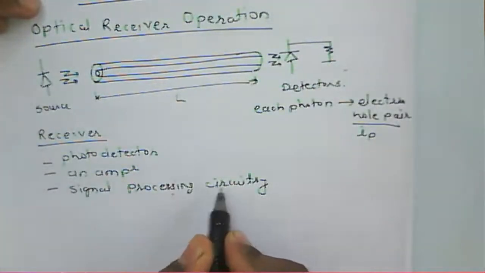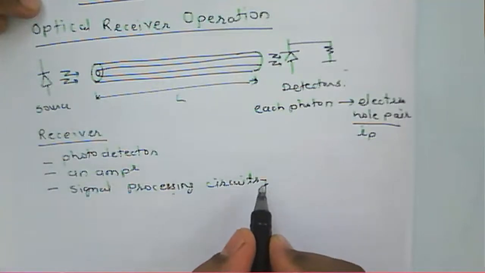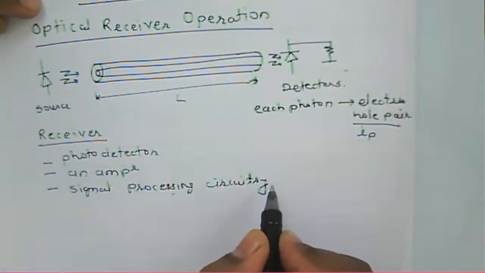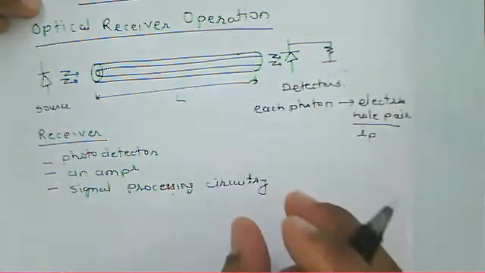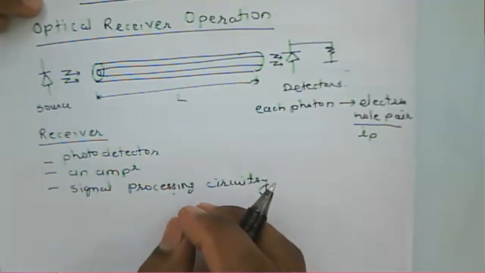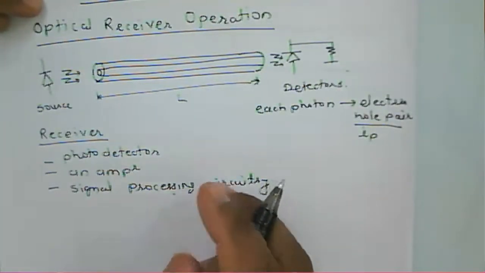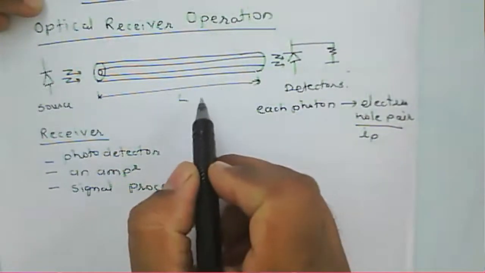And then a signal processing circuit, where we require an understanding of that information. So what is the receiver's role?